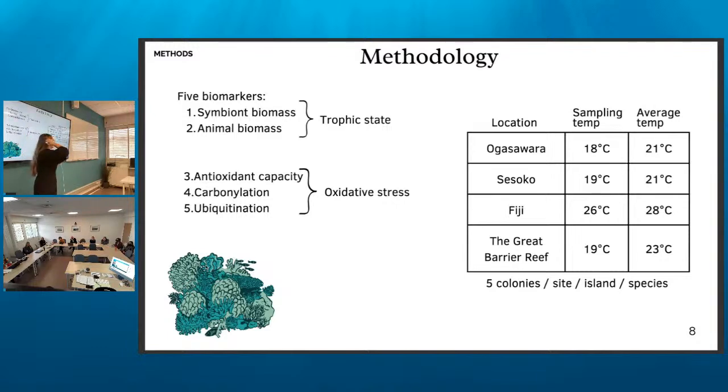And for oxidative states as well, the temperature increase is known to reduce the enzyme production for antioxidants. So for corals, it's known that when we increase the temperature, we can also reduce the amount of antioxidants available to fight external stressors, which ultimately leads to a higher amount of reactive oxygen species within the cell.